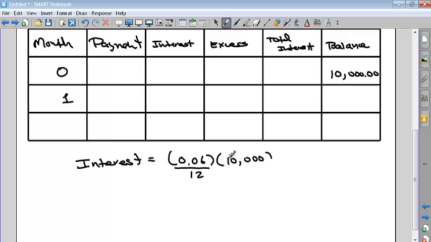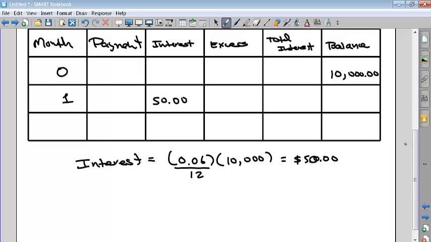So that's how I calculate the interest on 1 month of using that money. So I get 10,000 times 0.06 divided by 12. So it's $50. So I put that here, $50.